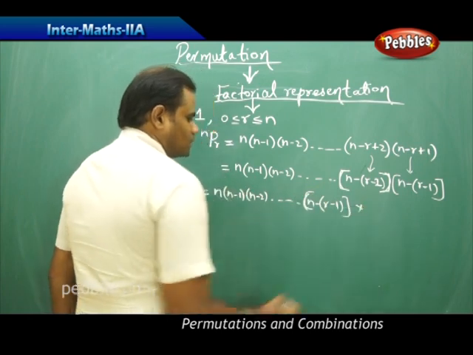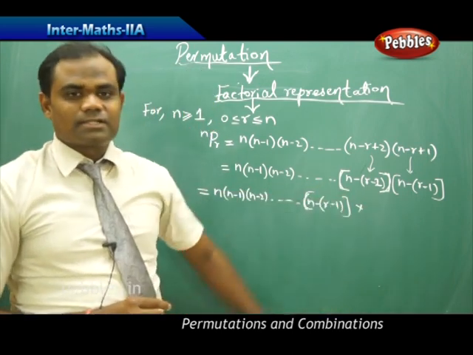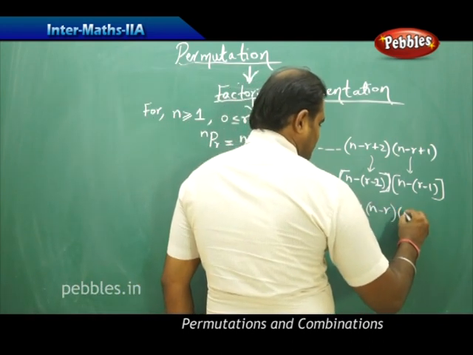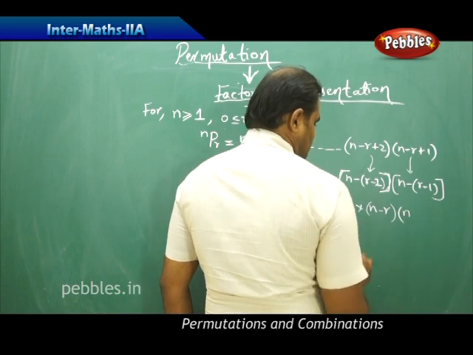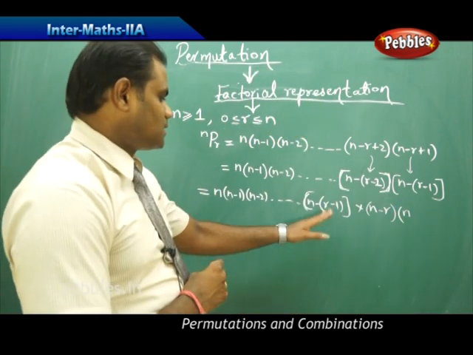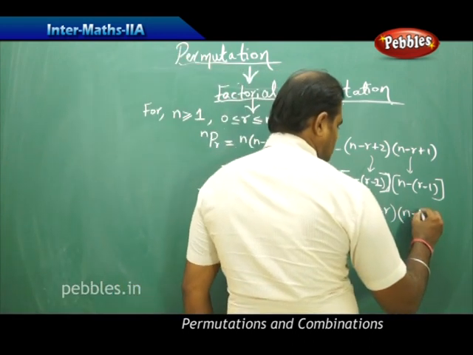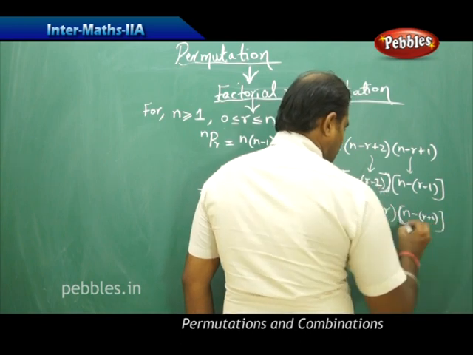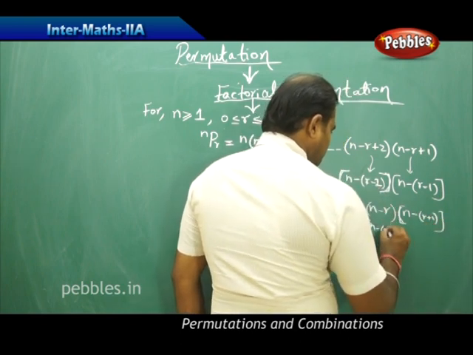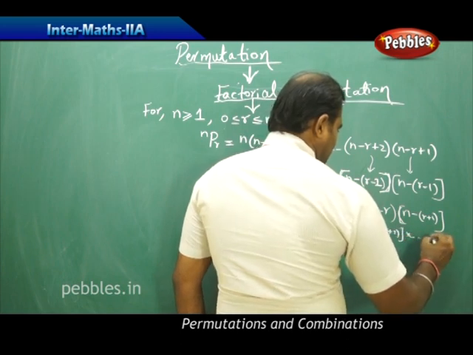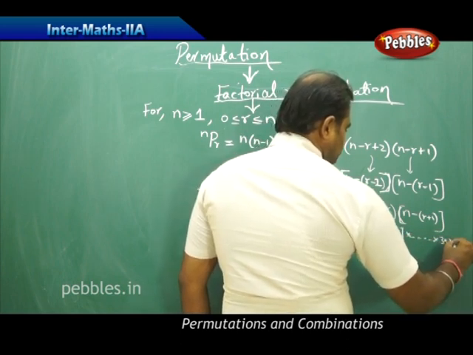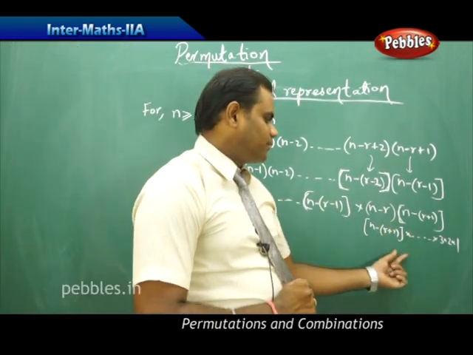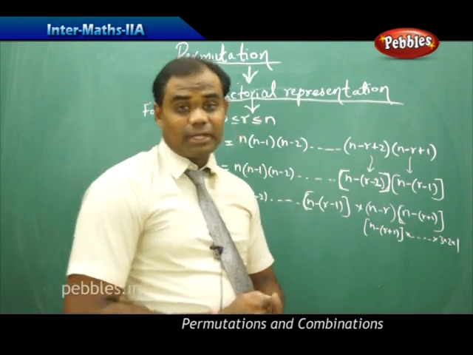Then I extend this by taking the next term, which is n minus r, and further reducing this, I get n minus r minus 1, and then n minus r minus 2, and so on, multiplying with 3, 2, and 1, so that I reach 3 times 2 times 1.